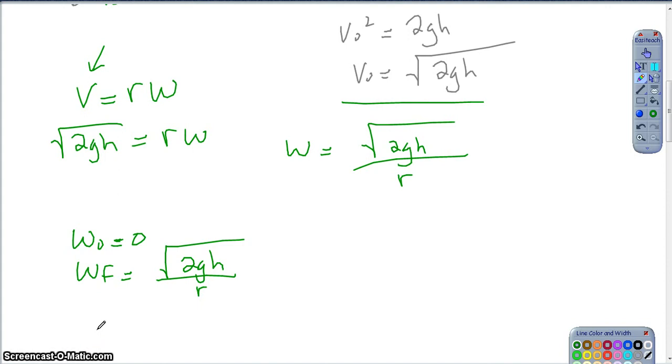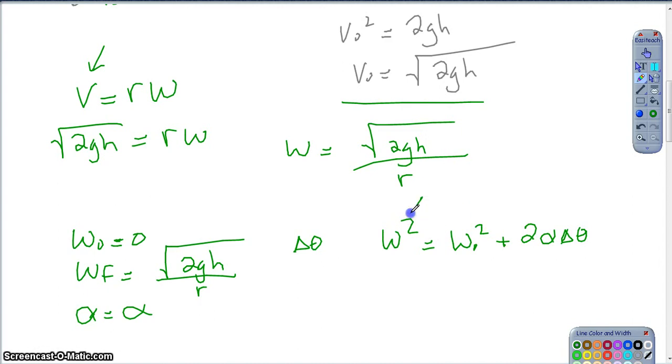They may not have actually called it alpha in the problem, but I'm going to call it alpha. So what am I looking for? I'm looking for delta theta, so I'm probably going to be using this angular kinematics relationship.